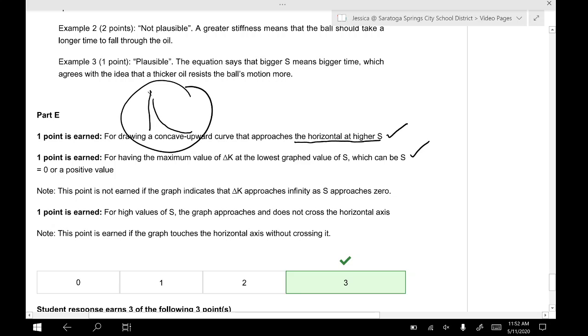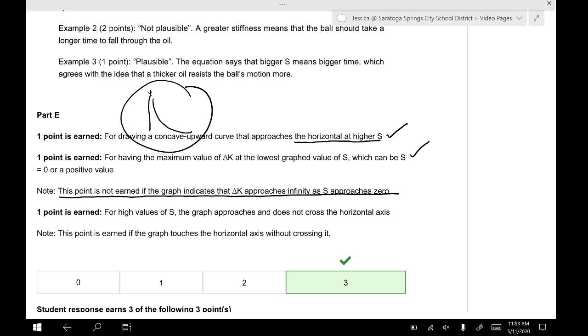And then if delta K approaches infinity. Oh, okay. So they're saying this note here is important. They're saying that if you put arrows on your graph, you don't get that point. So don't put arrows on your graph.